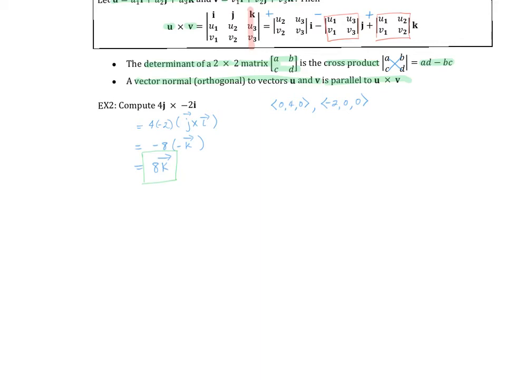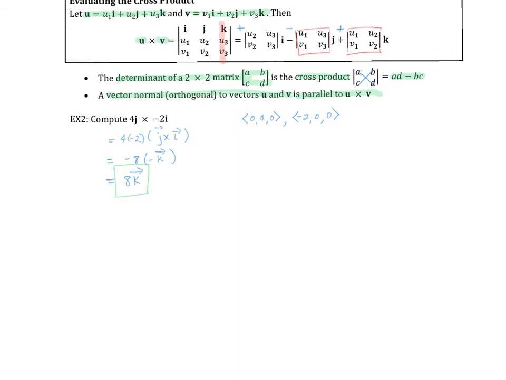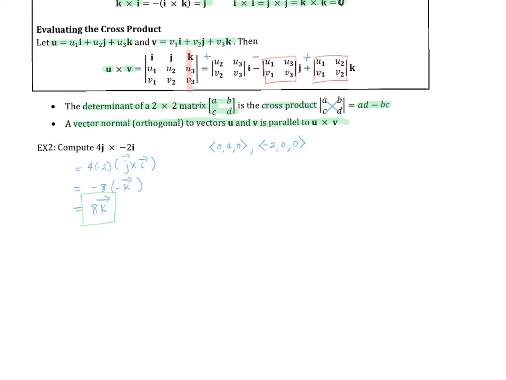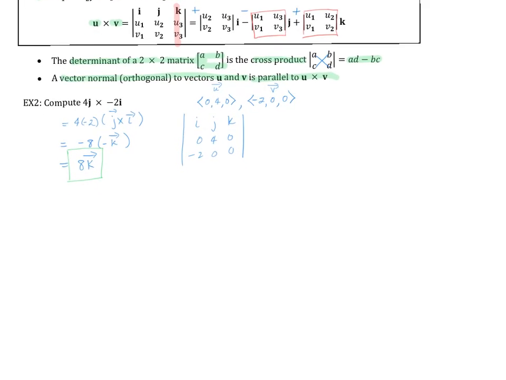Well, let's verify this. Let's actually compute the cross. So this first vector, if you're looking at that formula, would be your u, and this would be your v. If I was going to compute this cross product by hand, I could do i, j, k. And if I'm doing u first, it would be 0, 4, 0. v would be negative 2, 0, 0. So here's my cross.